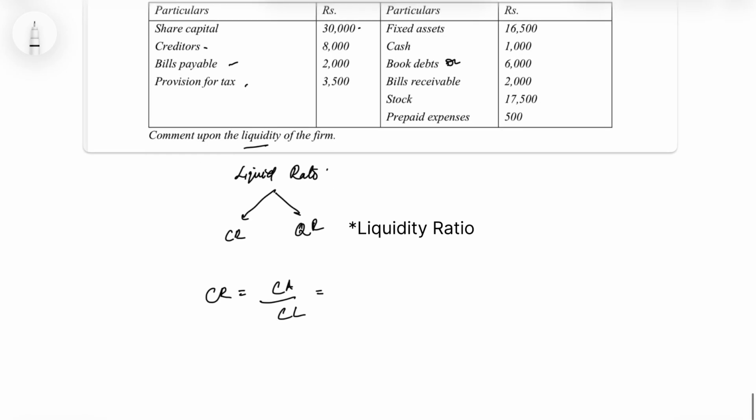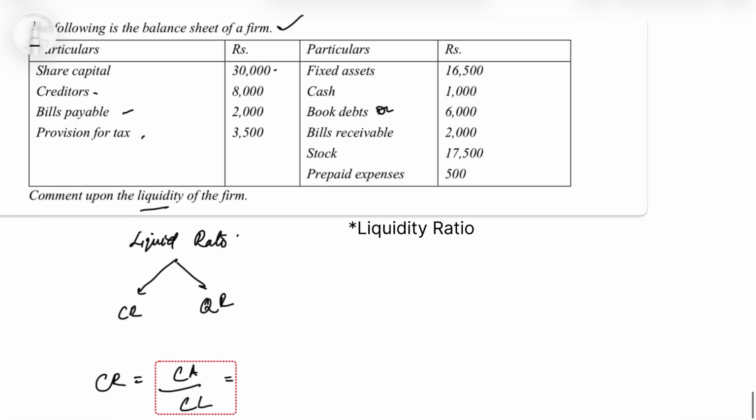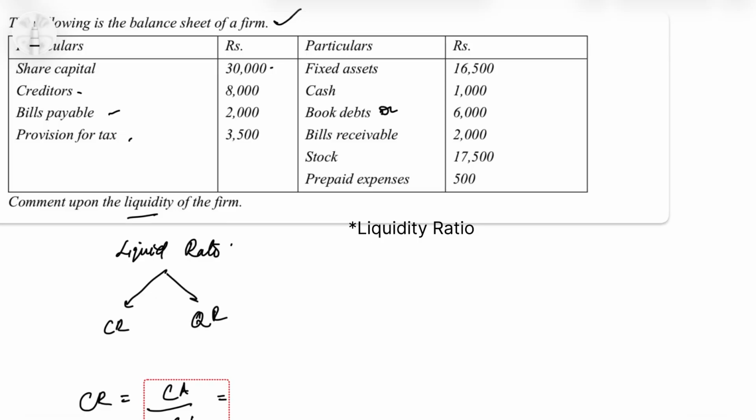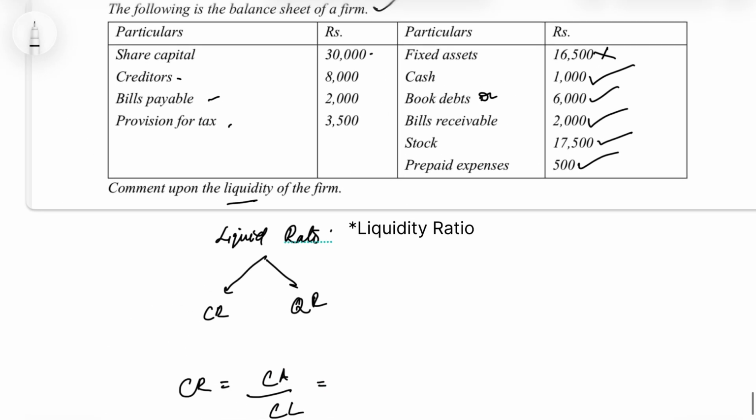Fixed assets are not current. Cash is current, book debts (debtors) are current, bills receivable are current, stock is current, prepaid expenses are current. Next, current liabilities: share capital is not current, creditors are current, bills payable are current, provision for tax is current.